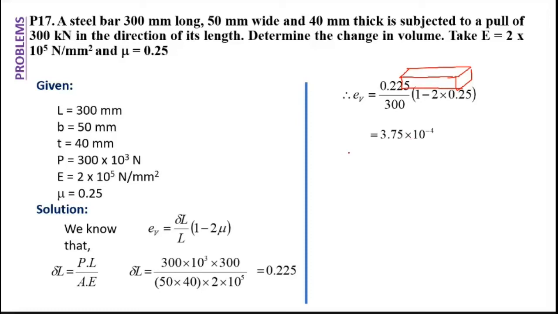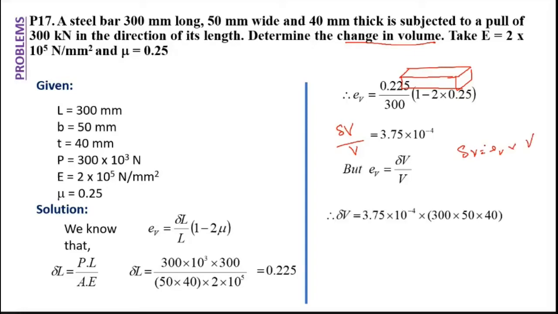So now we know that volumetric strain is change in volume by original volume. The question asks for the change in volume. They didn't ask for volumetric strain. So what will the change in volume be? It is volumetric strain into original volume. So just substitute original volume as 300 into 40 into 50. Substitute, and you will get what is my change in volume.